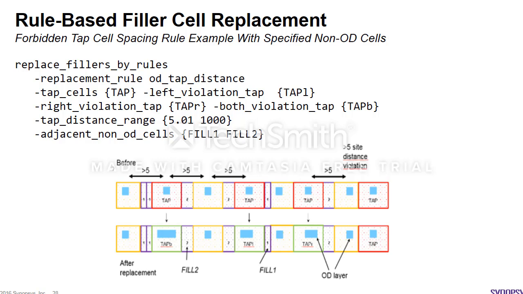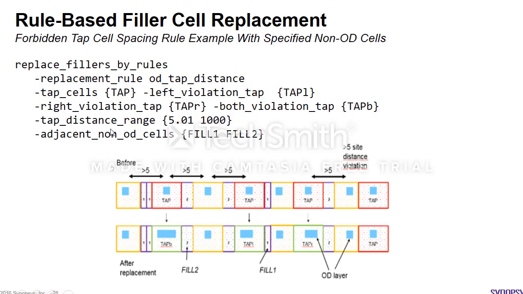And we have an adjust non-OD cell. This means when your tap cell's neighborhood contains a feeder, then you will trigger this rule.